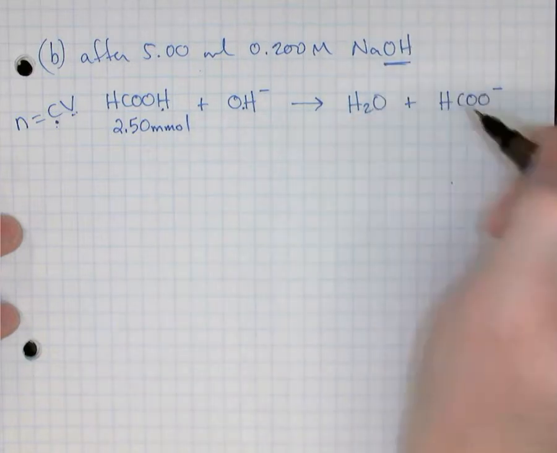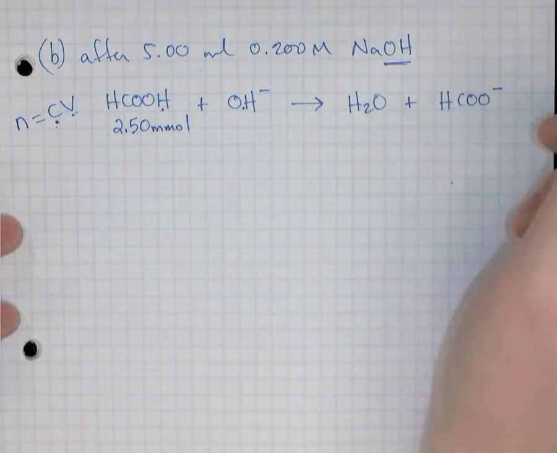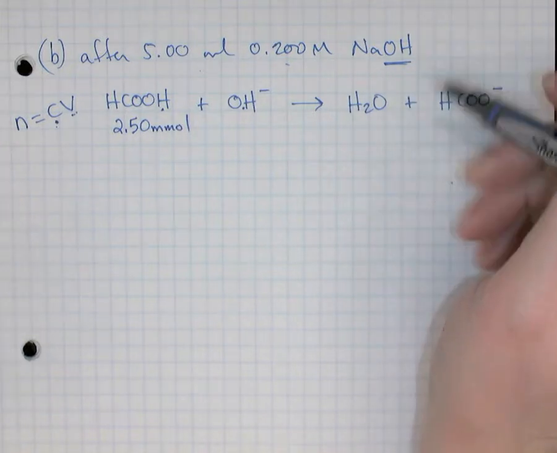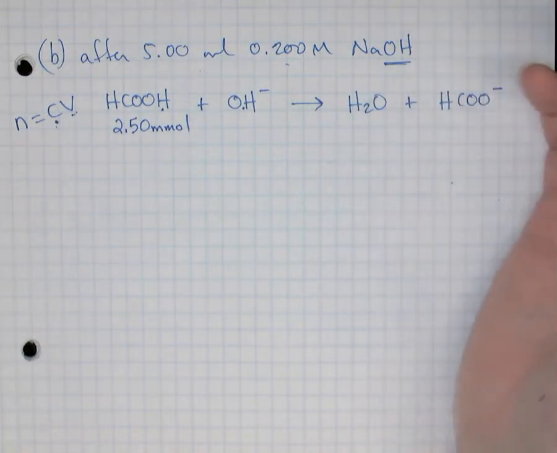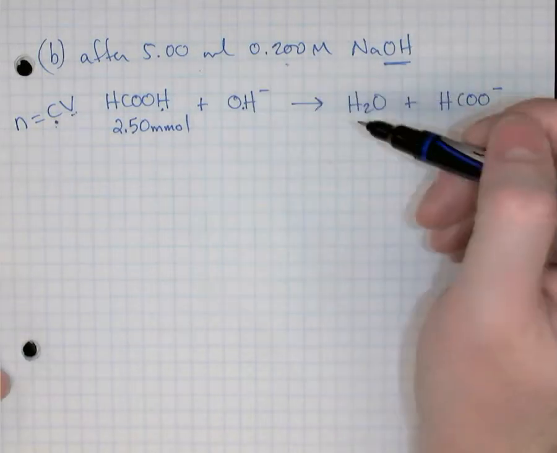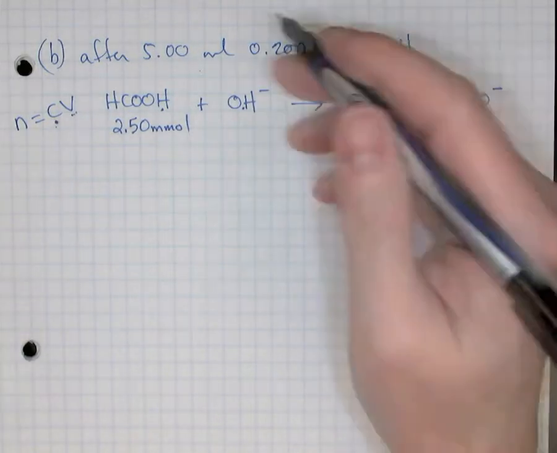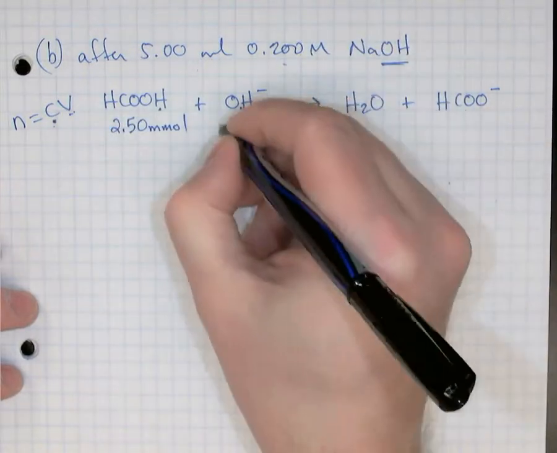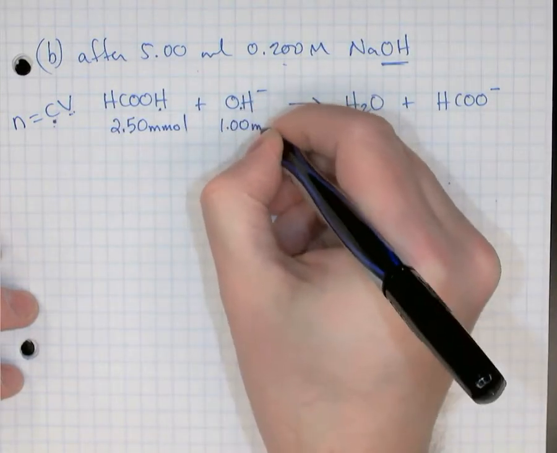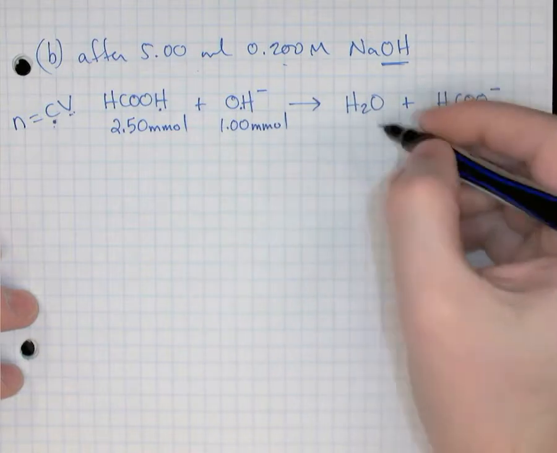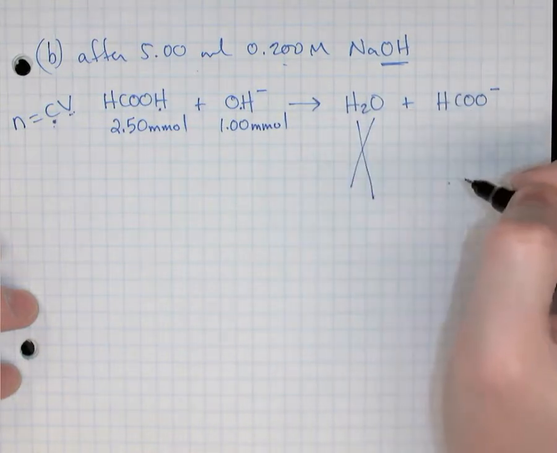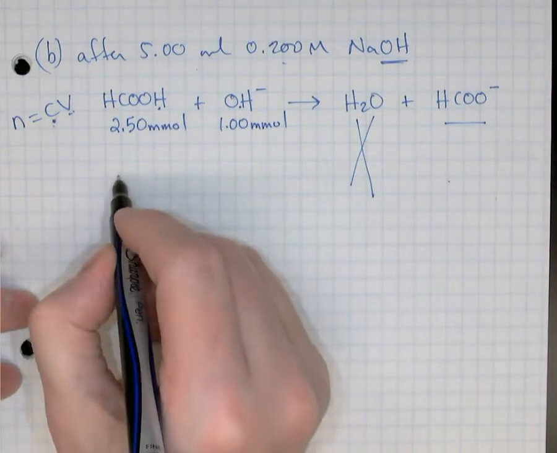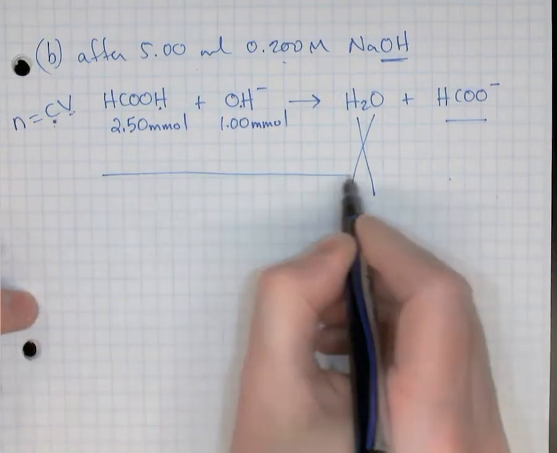This base has only one hydroxide in its formula, so in a 0.2 molar sodium hydroxide solution, there would be 0.2 molar hydroxide, and we've added 5 milliliters. So 5 times 0.2, C times V, we get 1 millimole of hydroxide. The water we'll ignore. We'll assume there was no formate initially present, so we're ignoring the little tiny bit that has ionized originally.